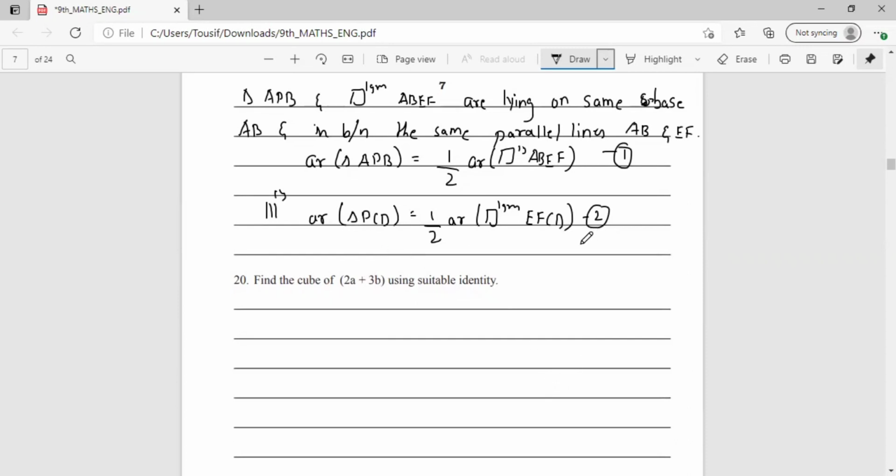It's nothing, just add equation 1 and 2. So let us add equations 1 and 2.